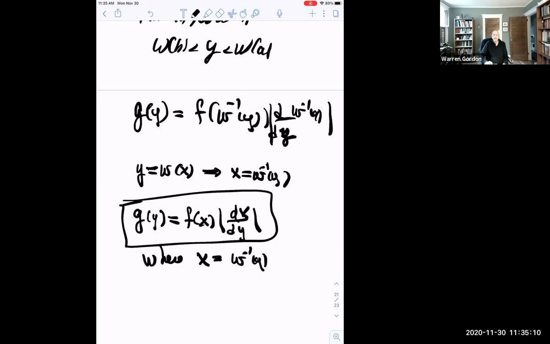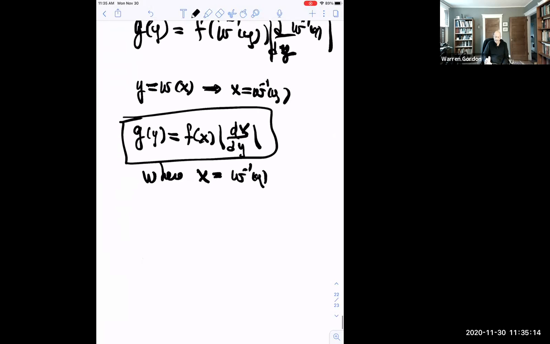This is sort of the easier way of remembering the theorem. So let me illustrate the theorem firstly on the two examples I just did, okay? In the first example, f of x was equal to x over 8 on the interval, what was the interval? From 0 to 4, right? And y was equal to 4x minus 2.